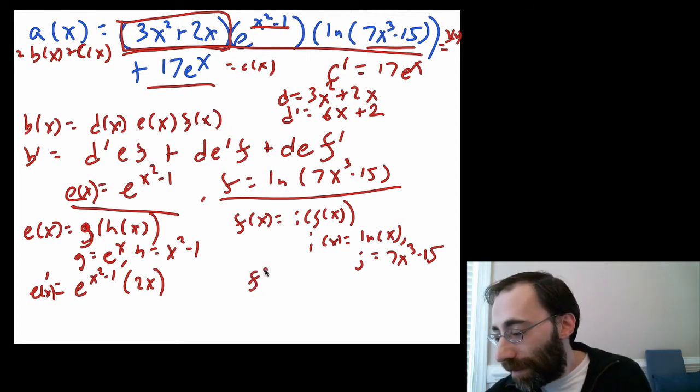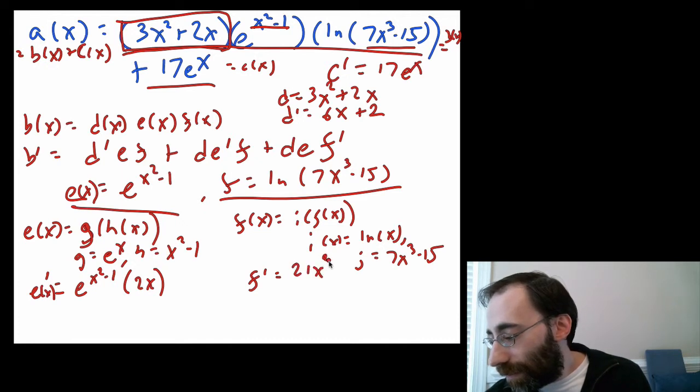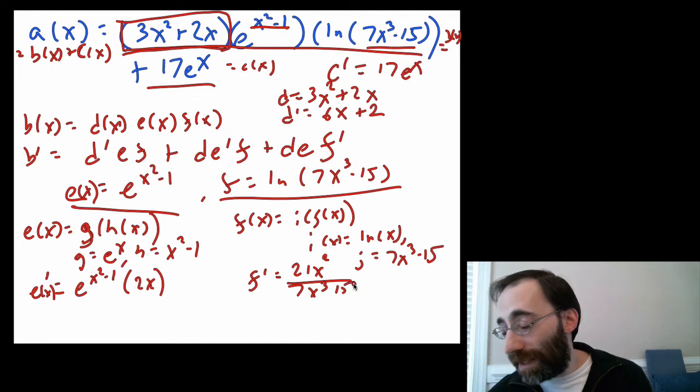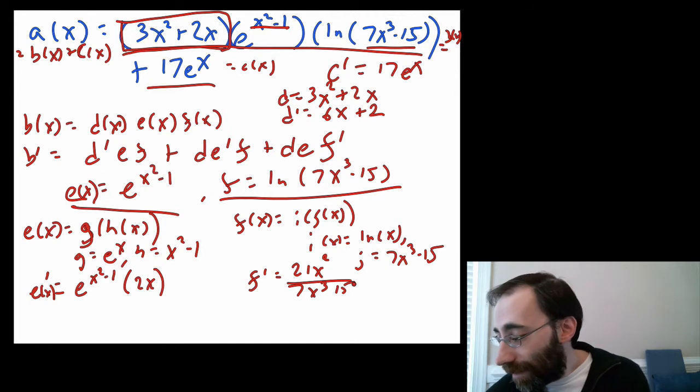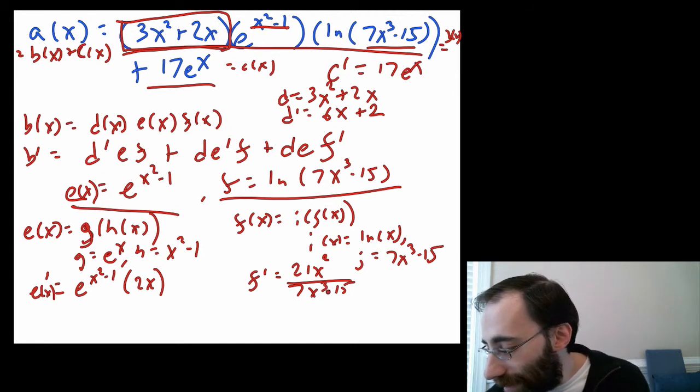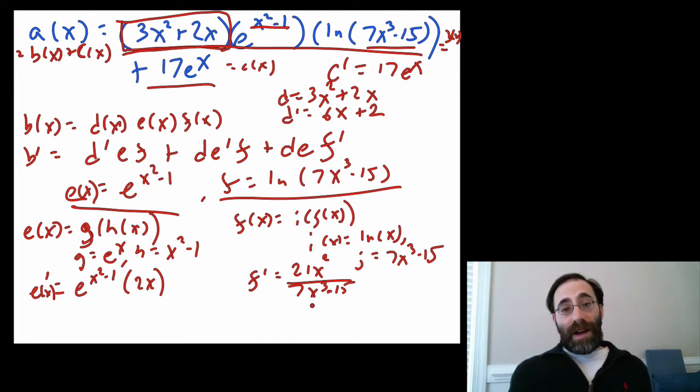And f prime is going to be 21x squared divided by 7x cubed minus 15. Again, f prime over f, which again is what the derivative of a logarithm always returns. I'm missing the minus here. It's minus. Okay, and that's it.